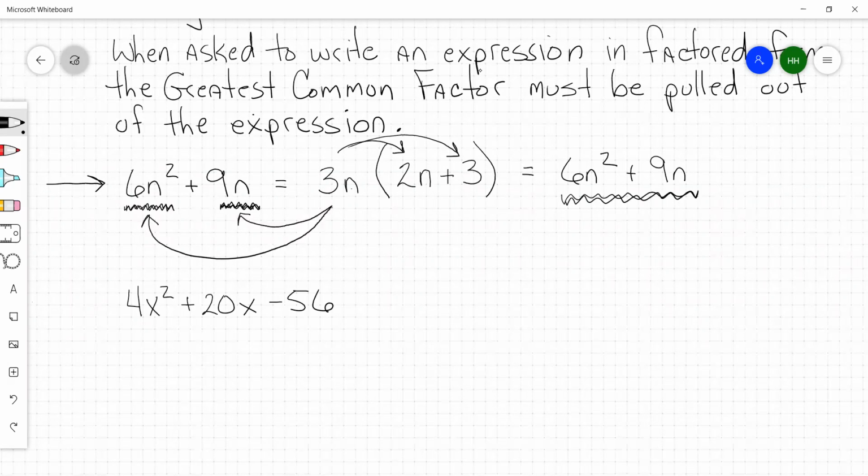All right, when you're asked to factor a trinomial that looks like this one, where the leading coefficient, or your a value, is something other than positive or negative 1, the first thing you want to ask yourself is, can I factor out this a? And since 4 goes into 4 and it goes into 20 and it goes into 56, you can factor a 4 out in your first step. So the first thing you do here is you take out a 4. And inside the parentheses, you're left with x squared plus 5x minus 14.